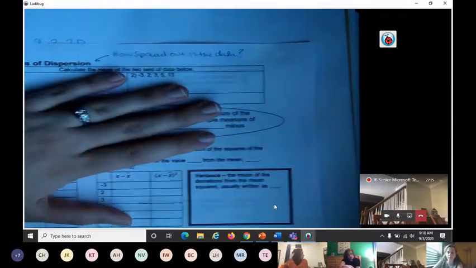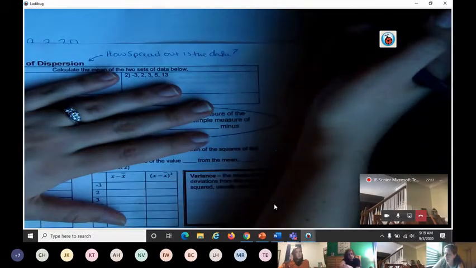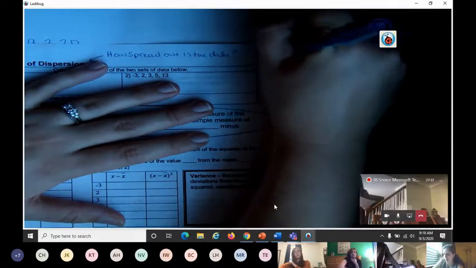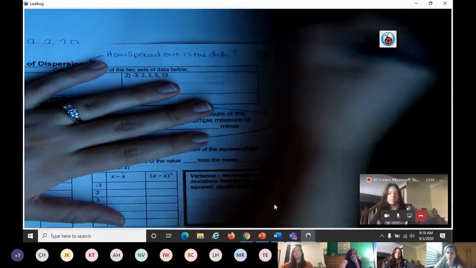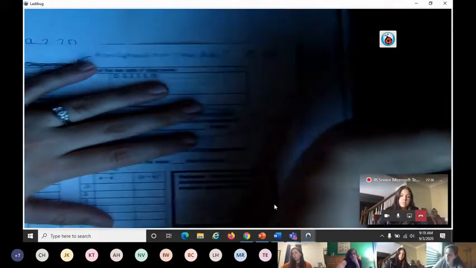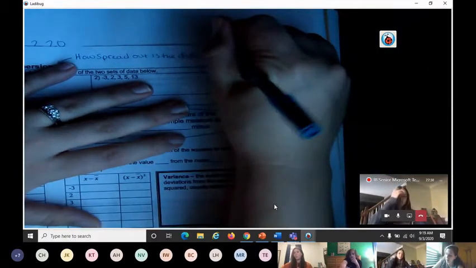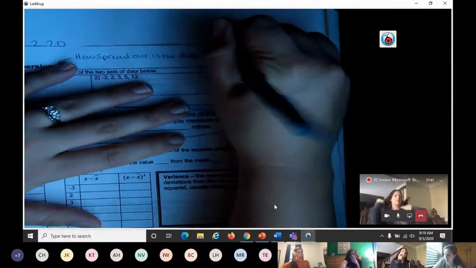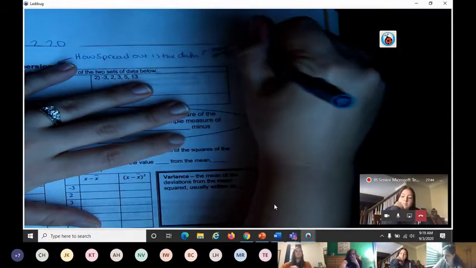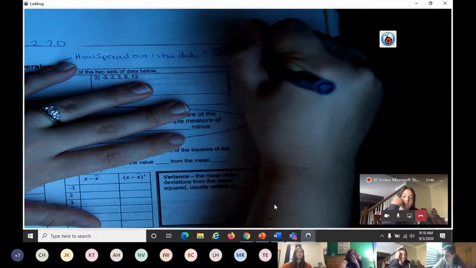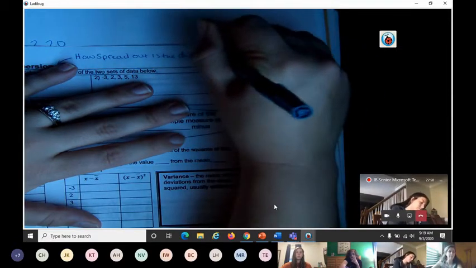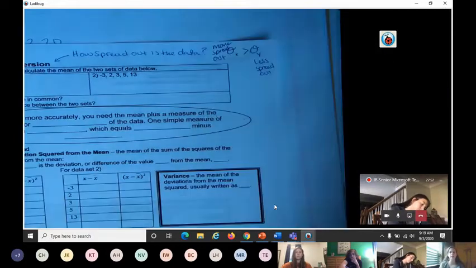So if one dispersion value is bigger than another, this one is going to be more spread, and this one is going to be less spread. And there is a formula for this that I'll write on the other side.